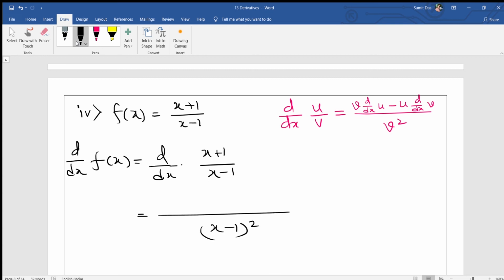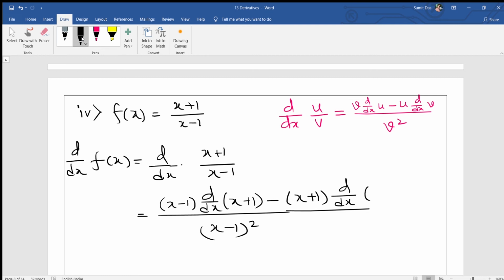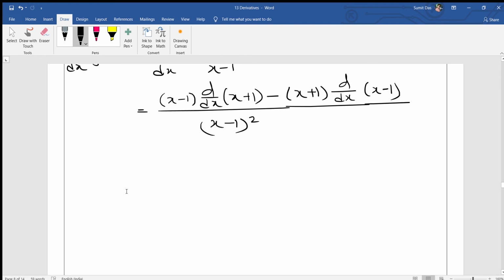Look, whatever the denominator is, that's squared. Then x - 1, the denominator, we have to start with that number, times d/dx of the numerator function x + 1, minus the numerator function x + 1 times d/dx of x - 1.